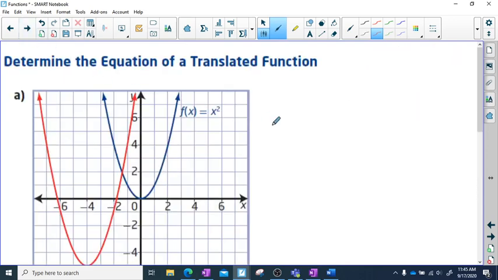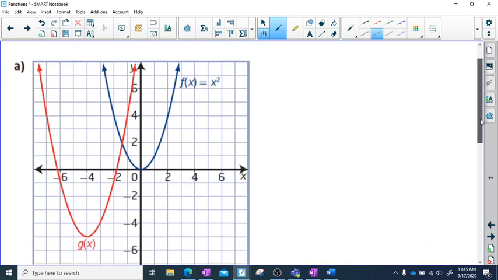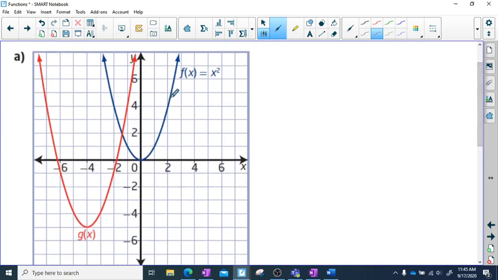All right, the last thing I want you to be able to do is look at a graph such as this blue one, and write a new function, g of x, and tell me how the blue function became the red function. For this blue function to arrive down here, I would have to take this point and go 4 to the left and down 5.